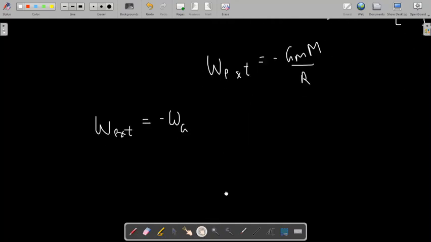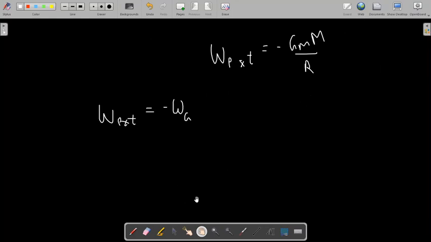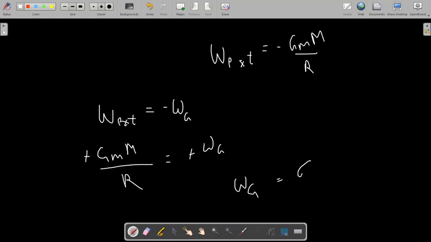So we can rewrite this. We know the work done by the external force is negative GMm upon r, equal to the negative of the work done by gravitational force. This minus and minus cancel out, and we get the work done by the gravitational force equals GMm upon r.